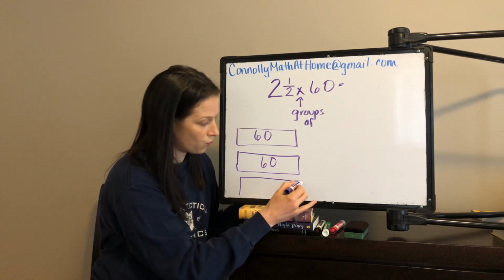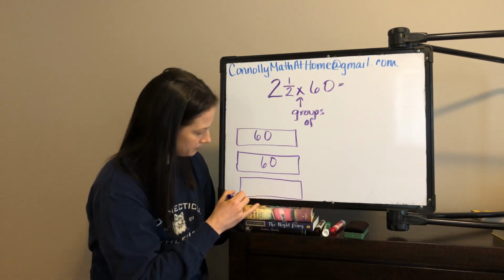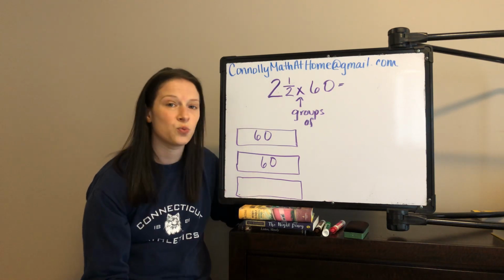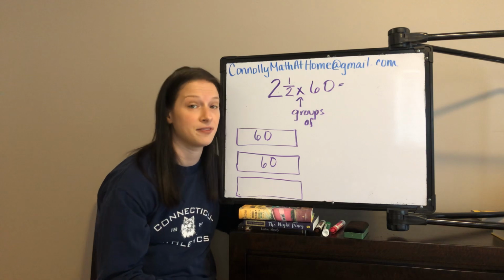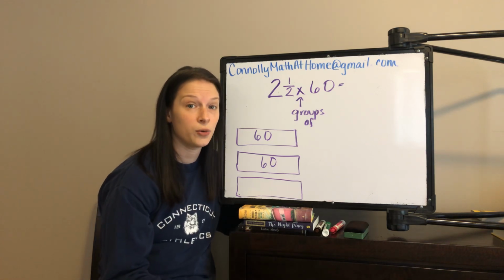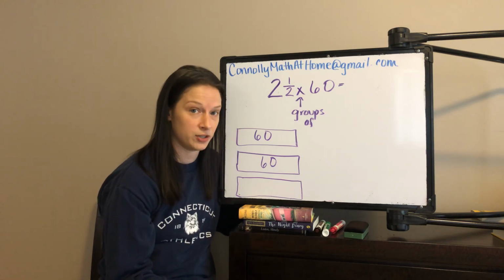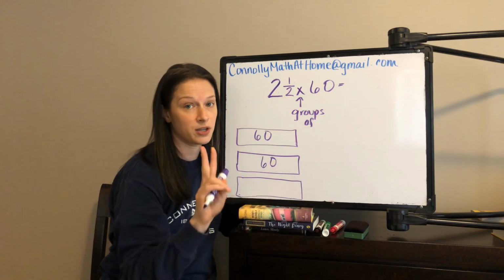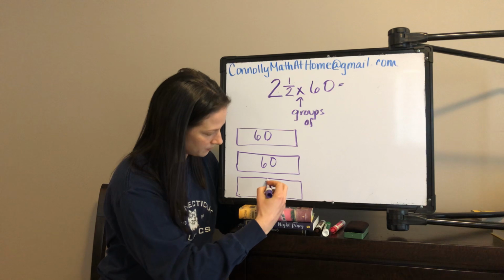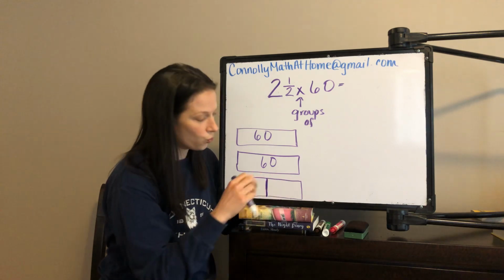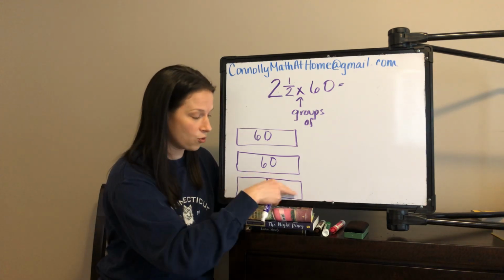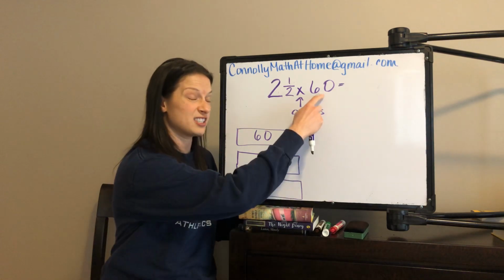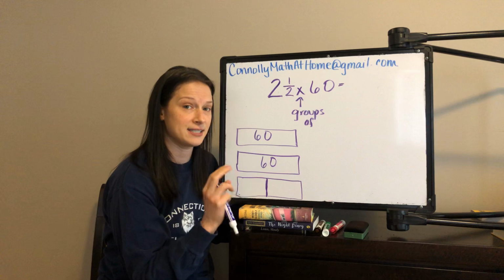So what we have to think about now, and I want to make these the same size, is what is half of 60? In the previous video, we learned that when we're thinking about a half, we would split our fraction bar into 2 equal pieces. We know that this whole bar, the whole path, is 60 kilometers.